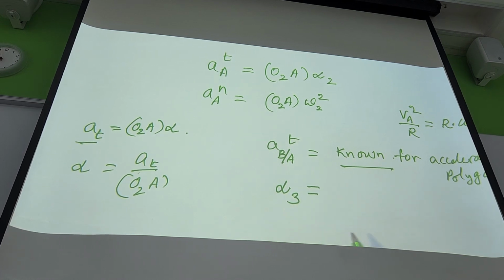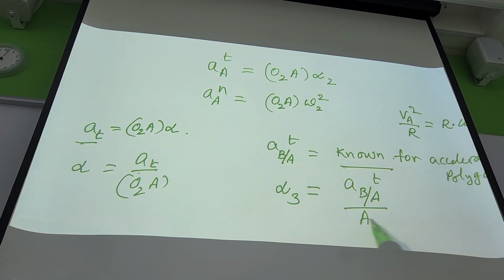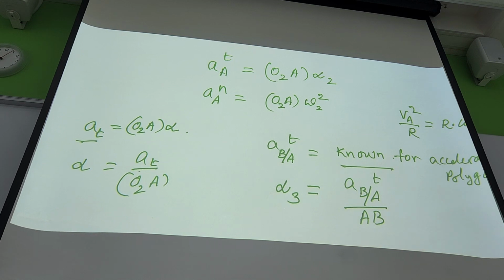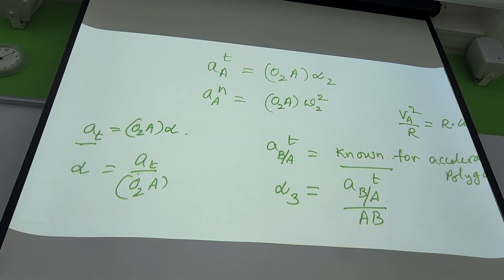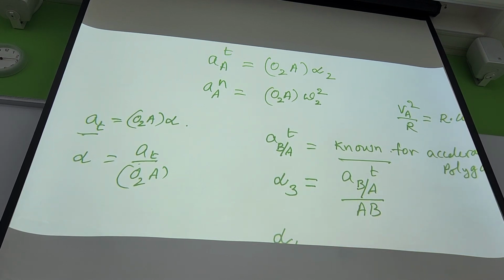So angular acceleration of link 3 will be acceleration of BA tangent over AB, RBA, the length of link 3.